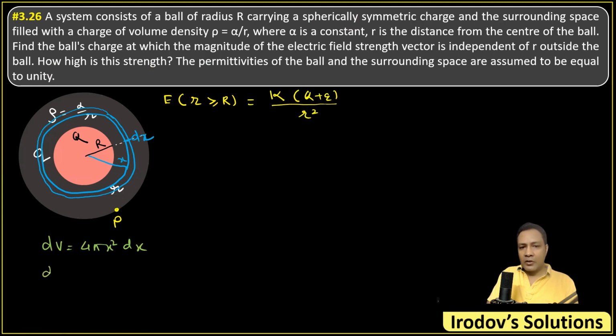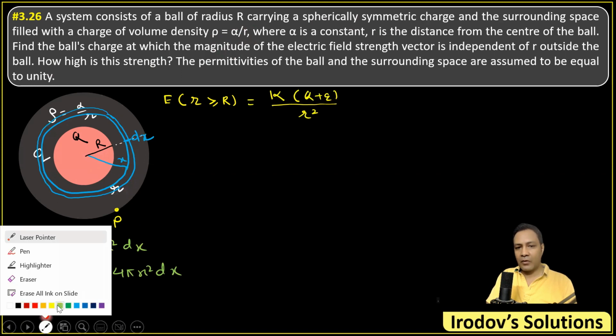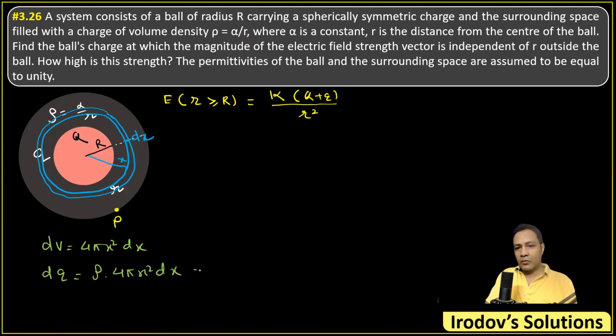So the charge contained in the shell would be the volume charge density multiplied by the volume, 4 pi x square dx. The volume charge density at a distance r from the center is alpha by r, so at a distance x from the center it is alpha by x. So dq is alpha by x times 4 pi x square dx.